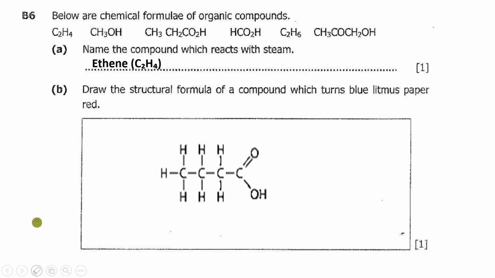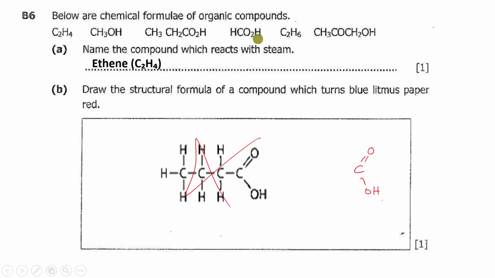So since it's an acid, this one is wrong. We can consider having a carboxyl group like C, like this, or H. So we have only one carbon there. So we have written COOH. So we have picked COOH.